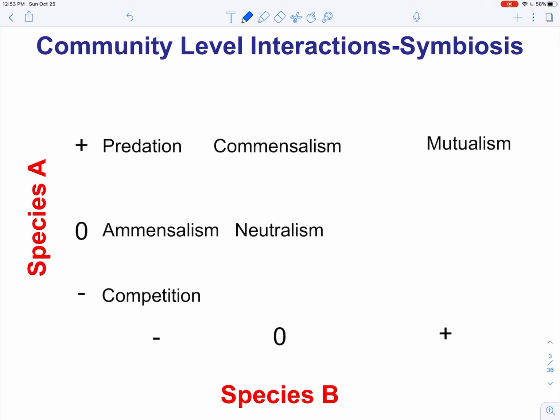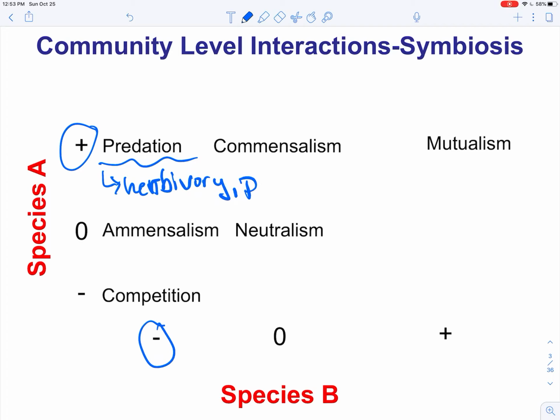We'll start off first here with predation. With predation, what we're seeing is that one species gains a positive benefit from the interaction with species B, whereas species B suffers a negative consequence. Under this level of predation, we also need to consider herbivory, parasitism, and disease.